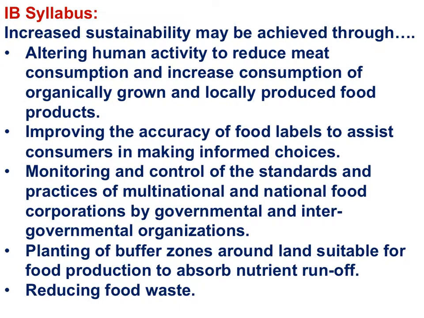Thirdly, the need to monitor and control the standards and practices of multinational and national food corporations, and this should be done by governmental and intergovernmental organizations. Fourth, planting of buffer zones around land suitable for food production to absorb nutrient runoff. And lastly, reducing food waste. Let's take a look at each of these statements.